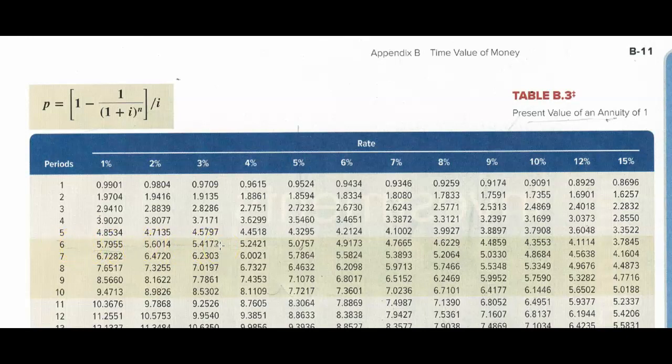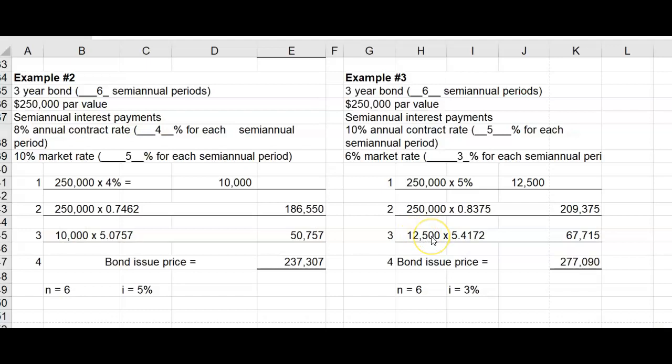The factor is 5.4172. $12,500 times 5.4172 equals $67,715. Step 4, add the two present values together, and it equals a bond issue price of $277,090.